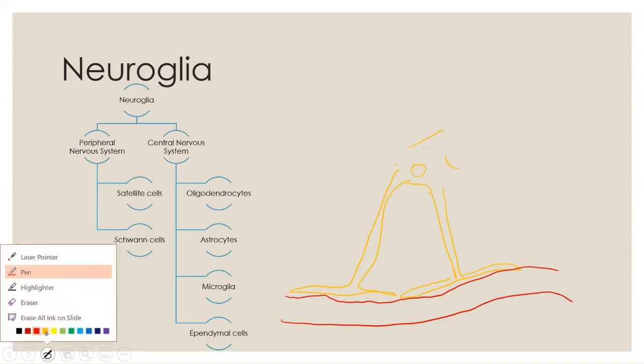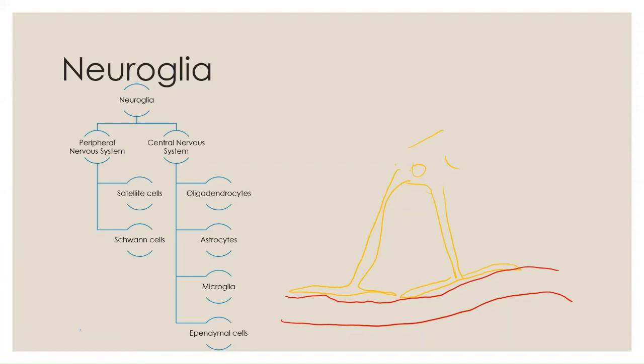So the substances in the blood, the oxygen and the nutrients, everything has to pass the capillary wall cells as well as the food process of the astrocyte to reach the brain substance.